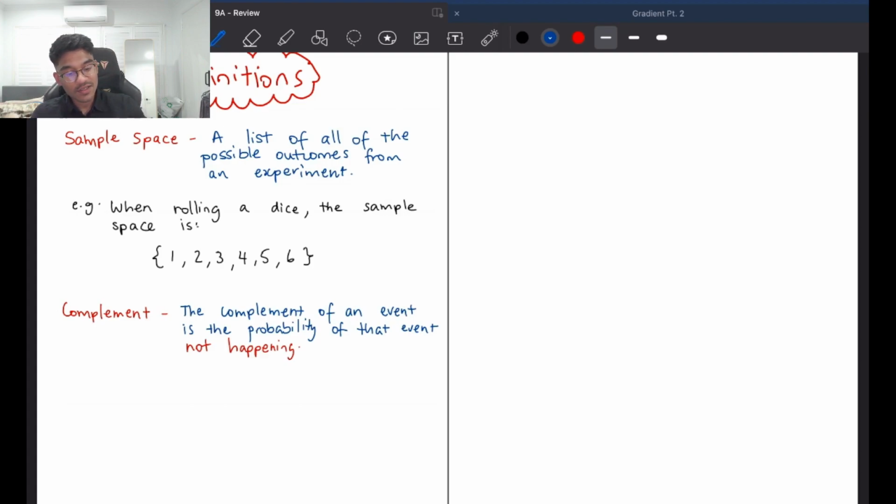The formula says the probability, so Pr means probability, of not A. So we say not the event happening, not A. A could be heads, A could be rolling a 6, A could be doing a backflip. So the probability of not event A is equal to 1 minus the probability of A happening.